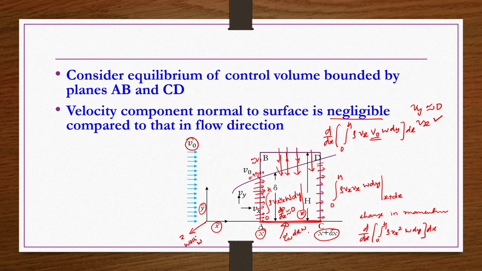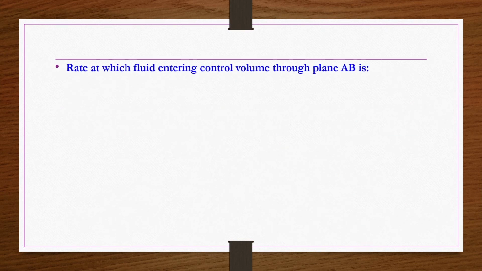Now if this is quantity 1, this is quantity 2, and this is quantity 3, then quantity 1 equals quantity 2 plus quantity 3. That will give you the integral momentum balance equation.